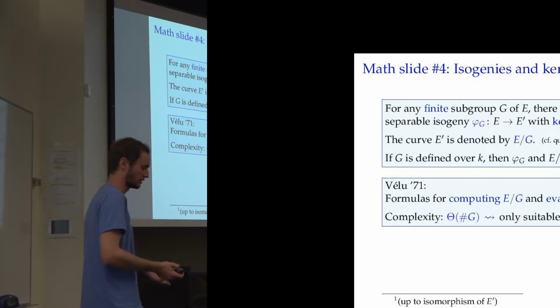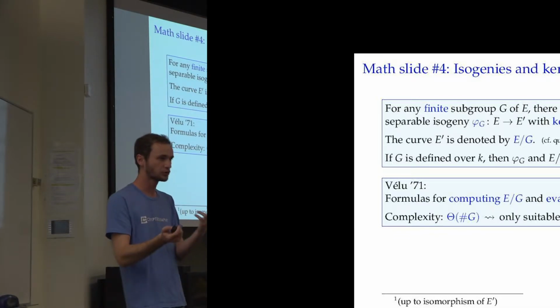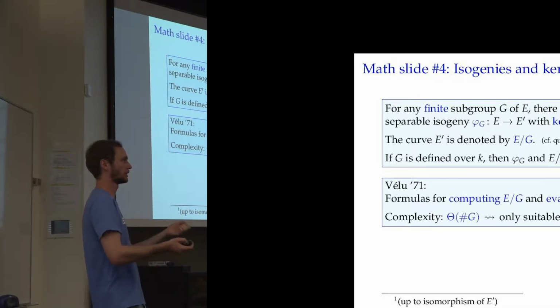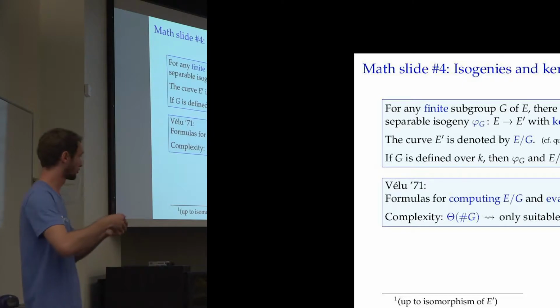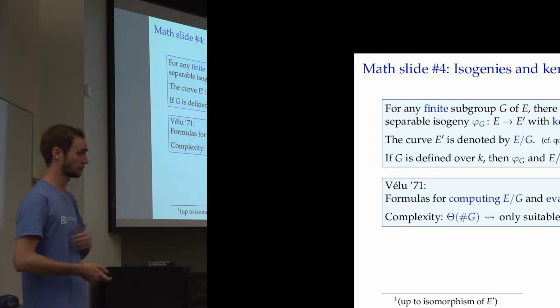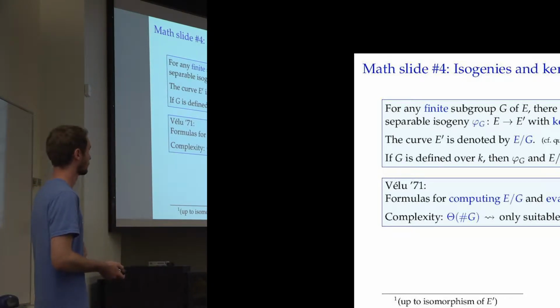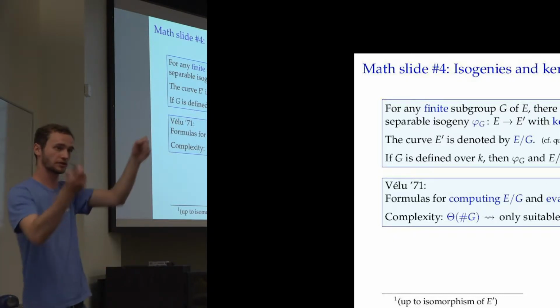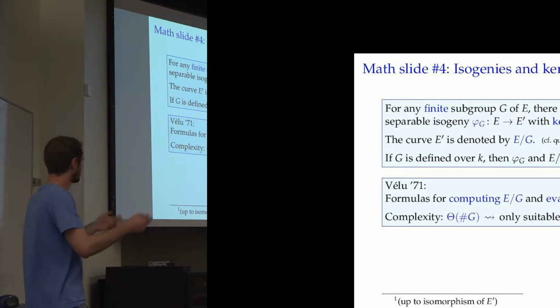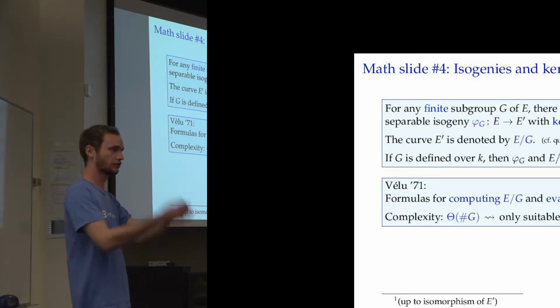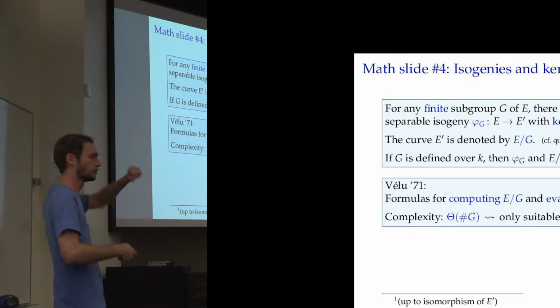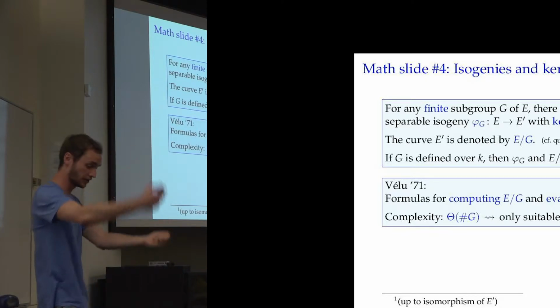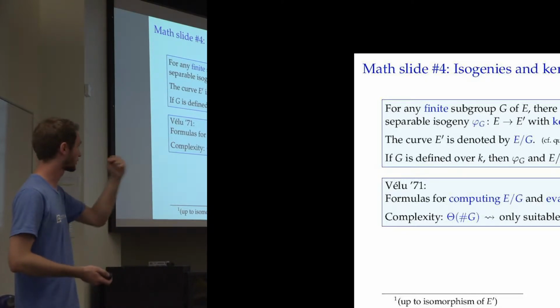But what this basically says is if you pick a small subgroup of an elliptic curve, you can always compute an isogeny to some other curve that you also determine along the way that has that subgroup as a kernel. Right? And that's the primitive we're going to use to walk on the isogeny graph. Every step will consist of choosing a subgroup, computing this isogeny, and then your new node after you made your step is the target curve of this isogeny.